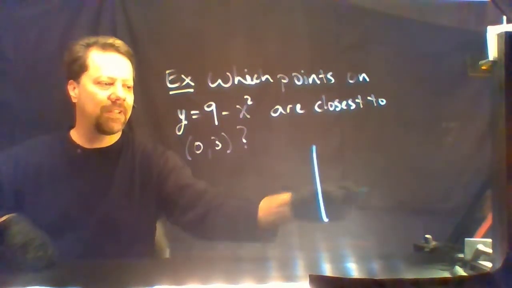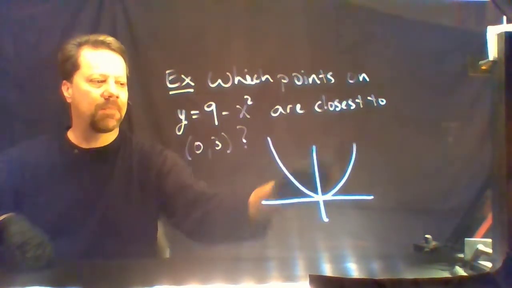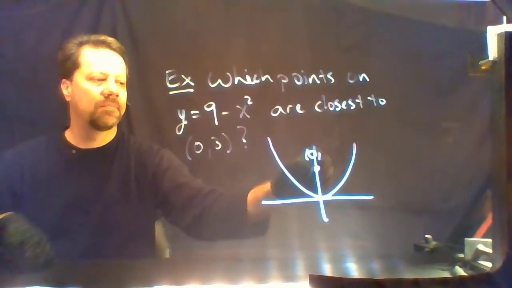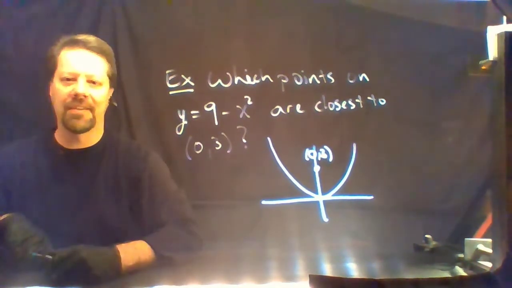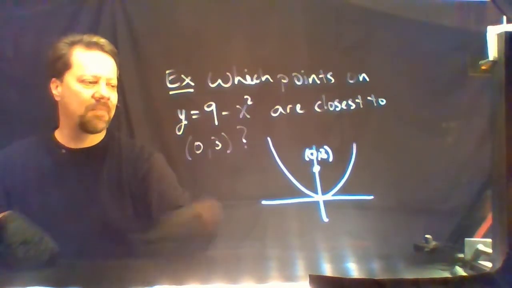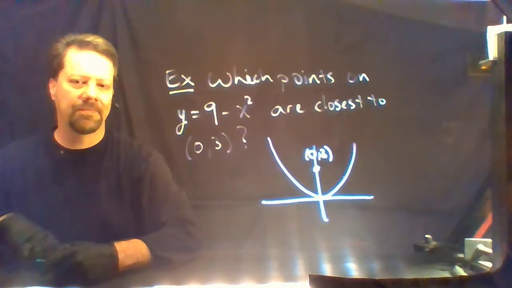To get a picture of what this looks like, our parabola is some curve that opens up like this, and we have this point 0, 3 on the y-axis. Which of the points on this parabola are closest?